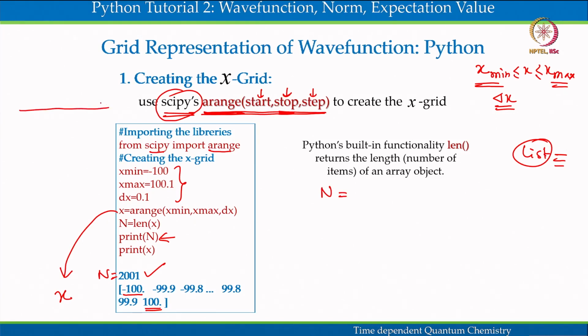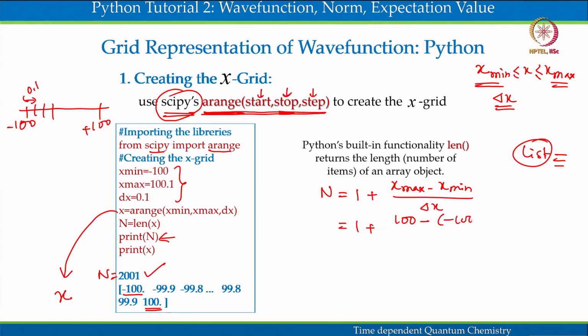I have prepared the grid points from -100 to +100 with a separation of 0.1. So how many elements do I have? That is given by n equals 1 plus x maximum minus x minimum divided by delta x, which is 1 plus 100 minus -100 divided by delta x equals 0.1, which is 200 divided by 0.1, which is 2001.